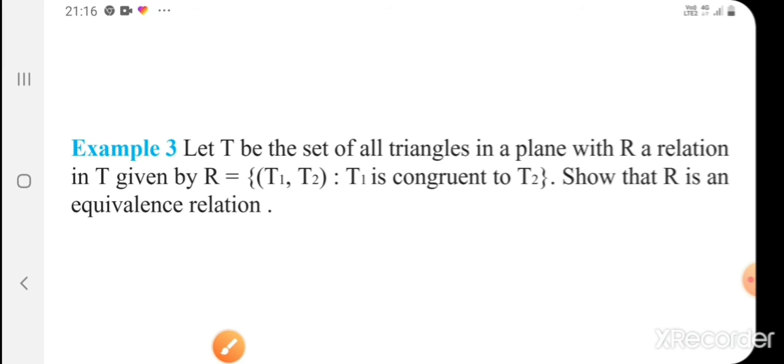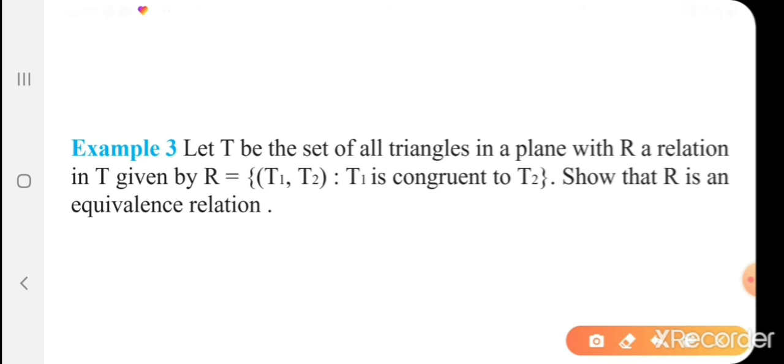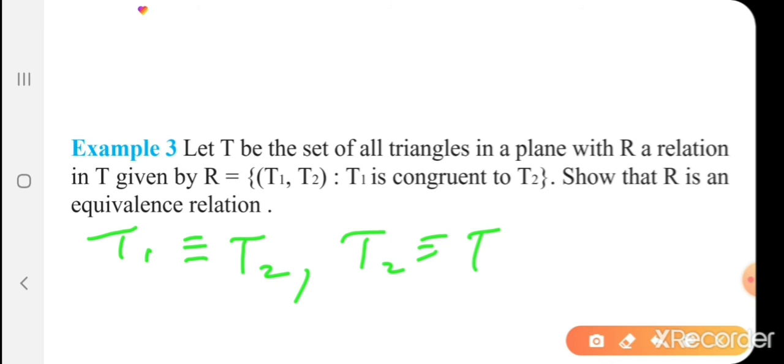Next, the third one is transitive. This is also very simple. T1 is congruent to T2, and again T2 is congruent to T3. Then clearly T1 is congruent to T3.